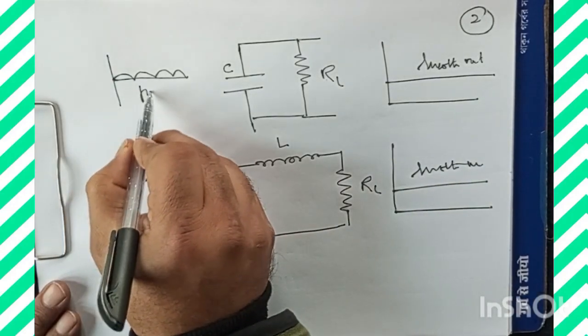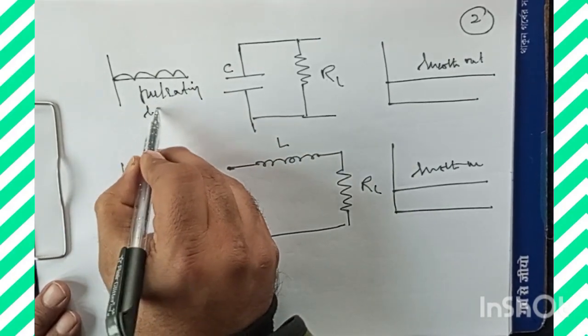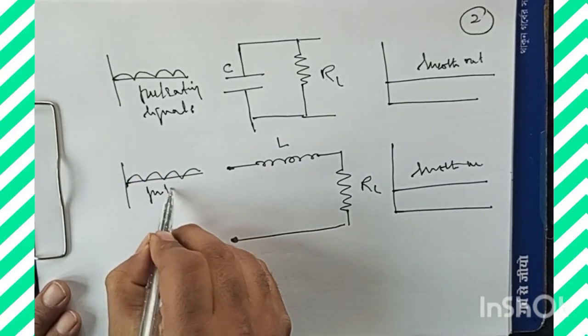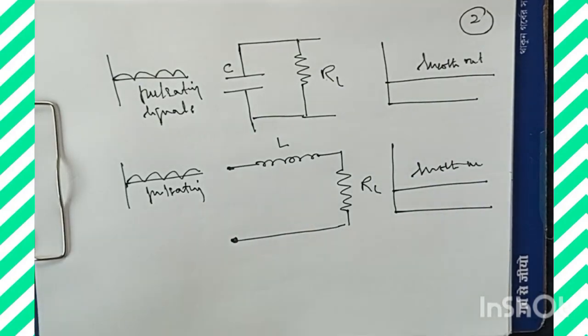These are pulsating signals that we receive from rectifiers, not only half wave and full wave rectifiers, but also the other rectifiers which are more efficient and faster.